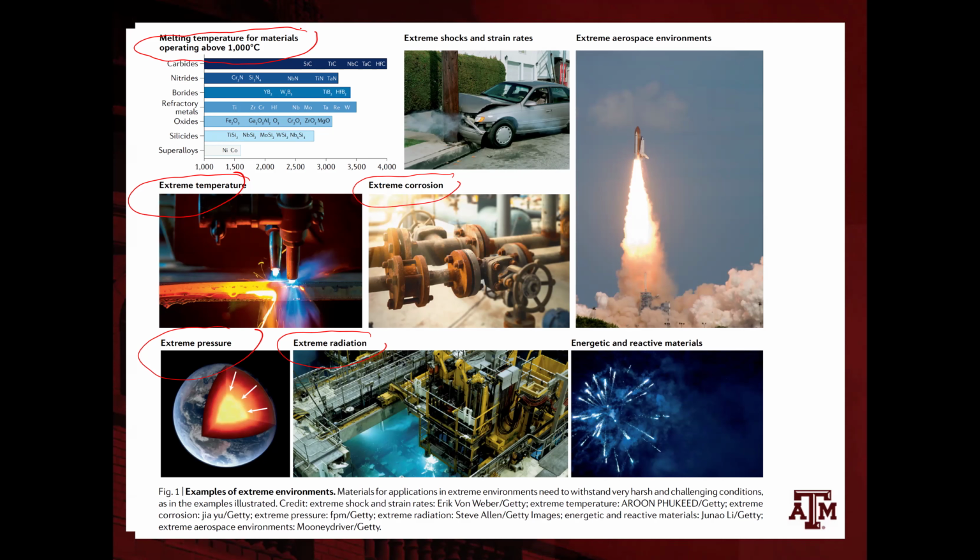Same with refractory metals like tungsten and niobium and their alloys. Also a little bit of oxide and silicide. So again, advanced technical ceramics, because those materials have a very high melting point.